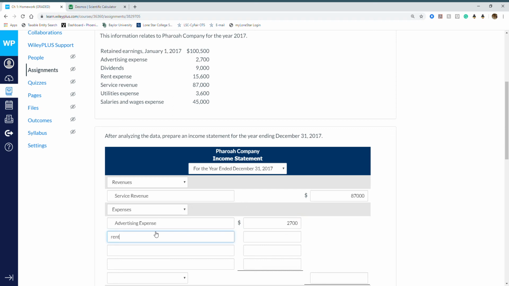Then we have rent, $15,600. Utilities, $3,600. And salaries and wages expense of $45,123. Okay.